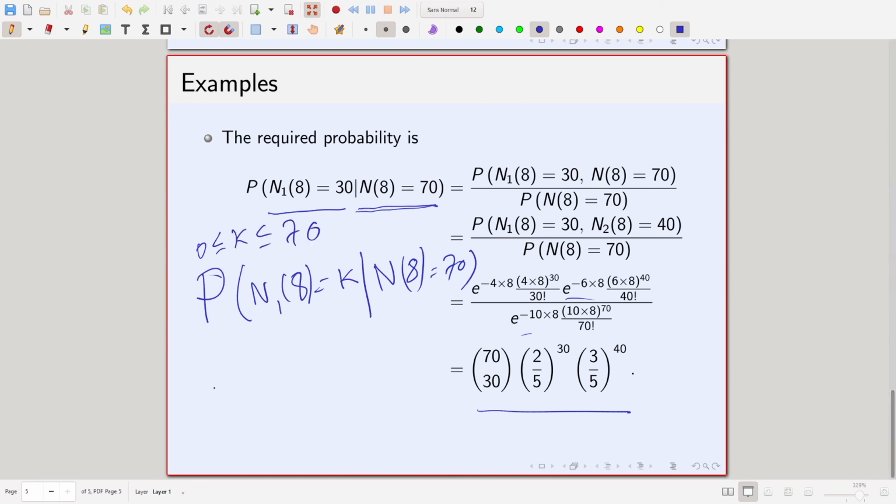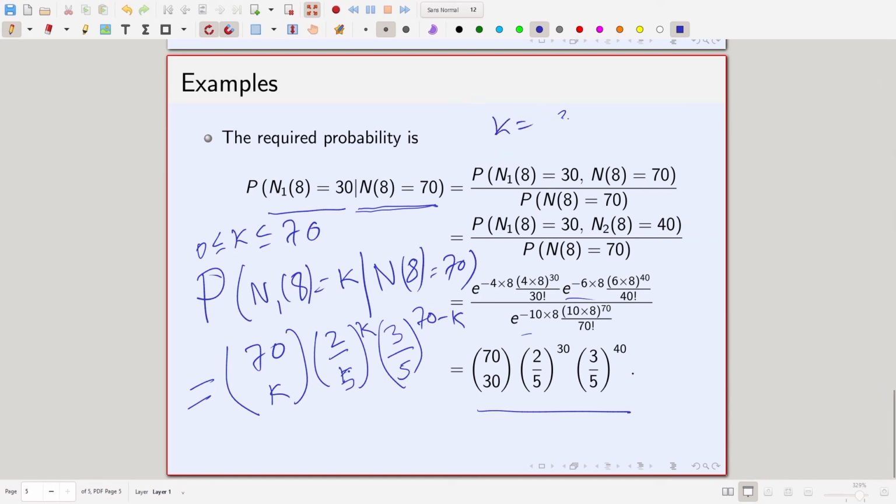If you follow the same calculation, you will see it will be just 70 choose k, 2 by 5 to the power k, times 3 by 5 to the power 70 minus k. This particular thing is for k equal to 30.